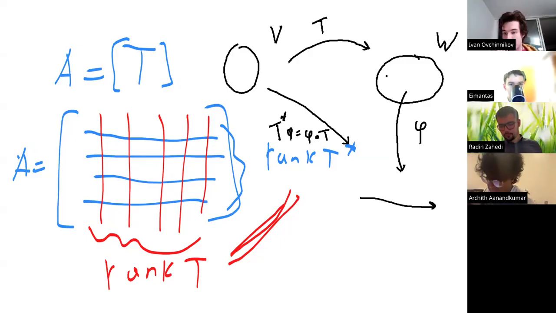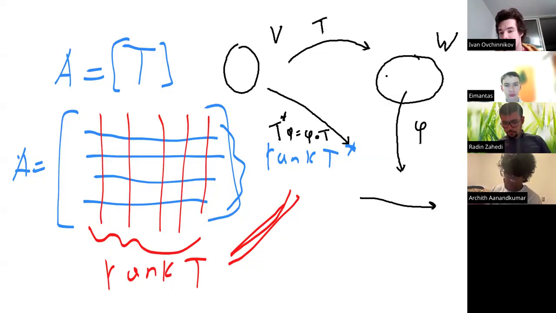So what we realized is, suppose, right? What I have to do is I take phi, and I plug in vectors into phi that came from V using T. Do you agree? So suppose we looked at phi, and let me switch colors here.